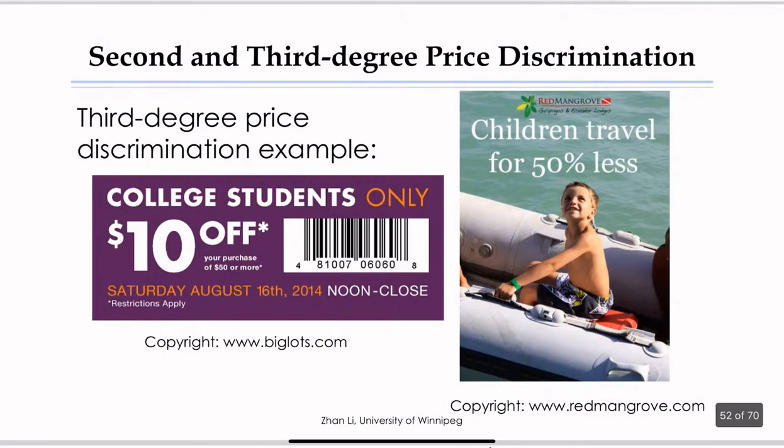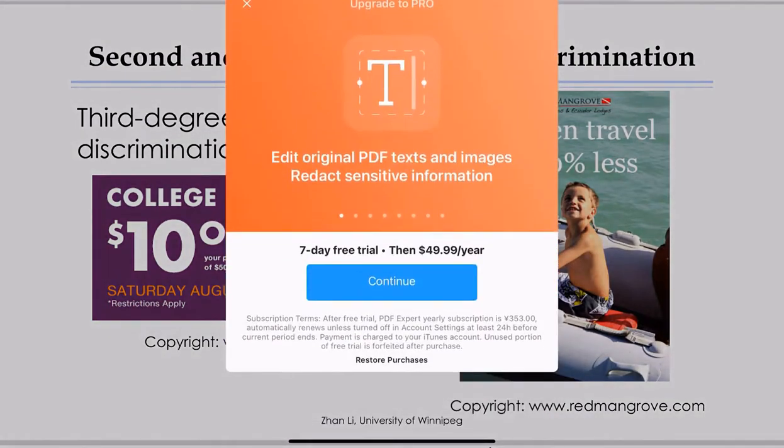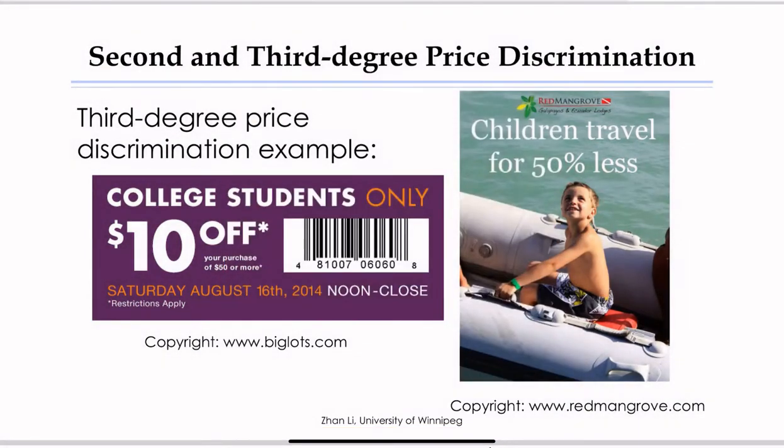And we have another third degree price discrimination example, right? So you can see that this is a coupon from Big Lots. So it's a US furniture retailer. You can see here, if you're a college student, you can get $10 off of your $50 purchase, right?